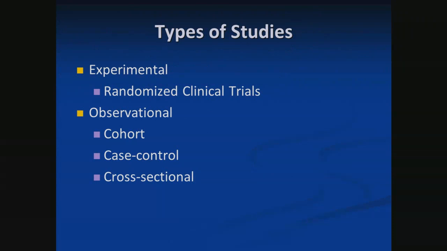That is versus observational. Observational studies are those that observe what's happening in real life. Now you manipulate it in that you decide your comparison groups, etc., but you're not manipulating the treatment, right? So you're observing what people were exposed to and the outcomes. Okay, so those are the grand categories.